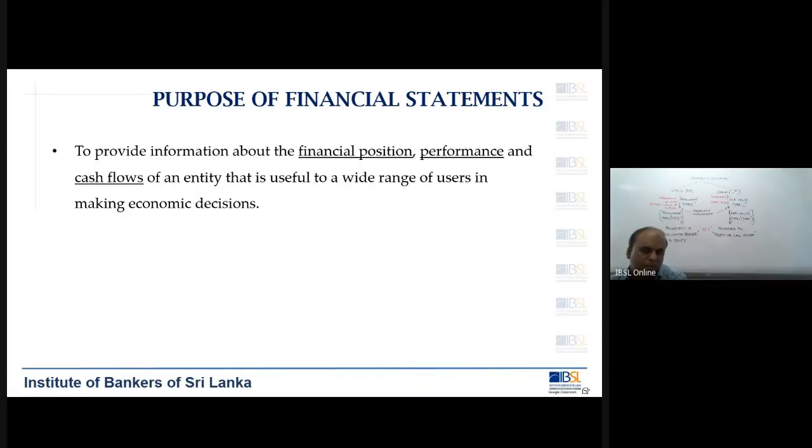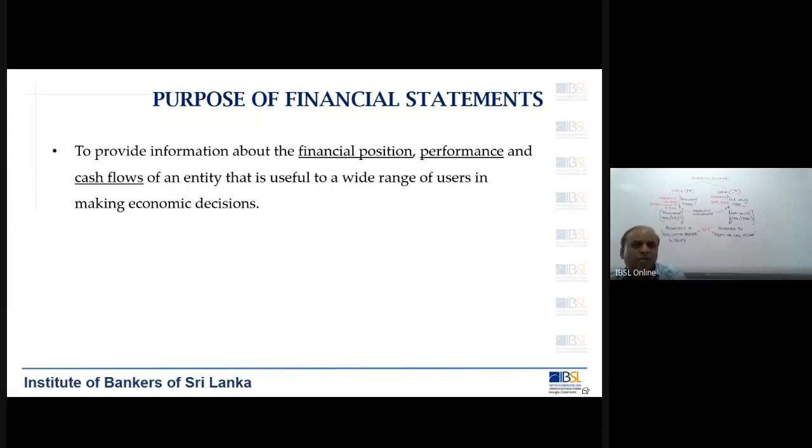So in exams, the financial position and performance statements are tested under question number 1. The cash flow question comes separately as a separate essay type question. And there have been instances where all three statements have been tested in exams.